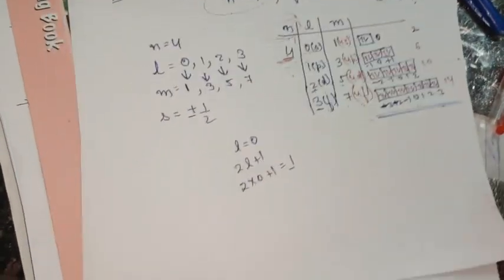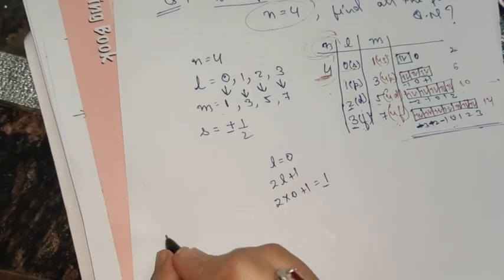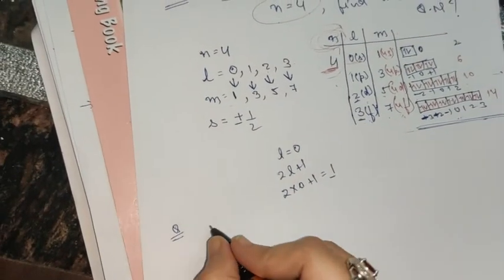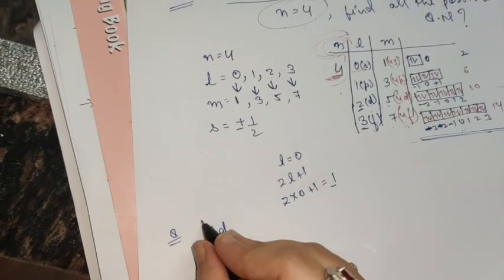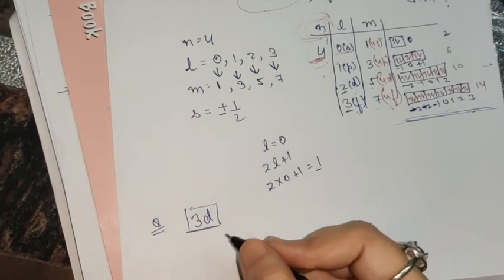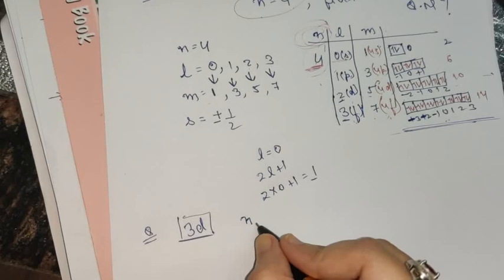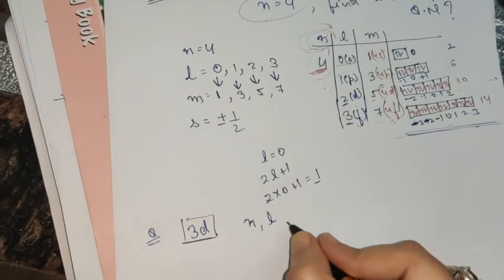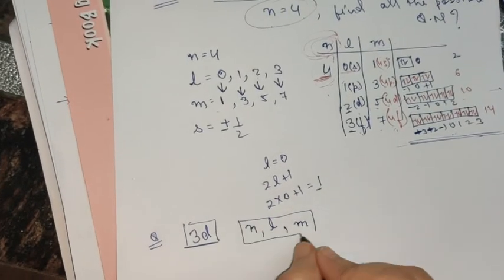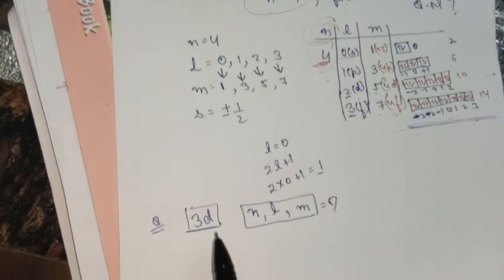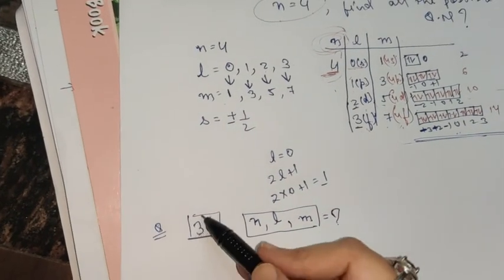Now coming to another question. Suppose the question given is you have a 3d representation given to you. You have to find out the value of n, the value of l and the value of m. So these three quantum numbers you need to extract out from this given value, which is 3d. Now what does this 3 represent here?